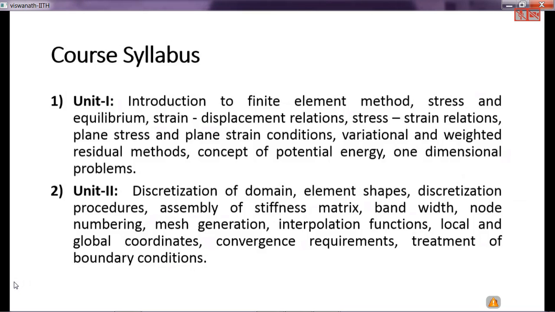Whereas if you are analyzing a cross section of a dam where the dam runs over half a kilometer or several hundreds of meters, then each cross section is constrained by a lot of material on either side. The thickness is very huge. In those conditions, it is called a plane strain condition.